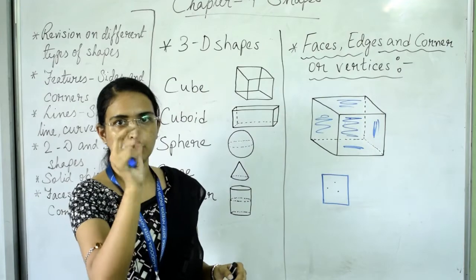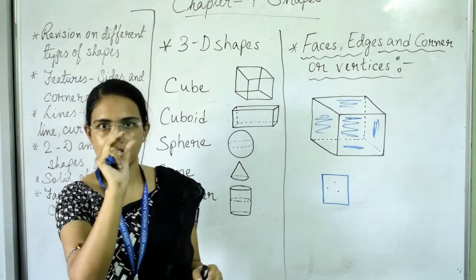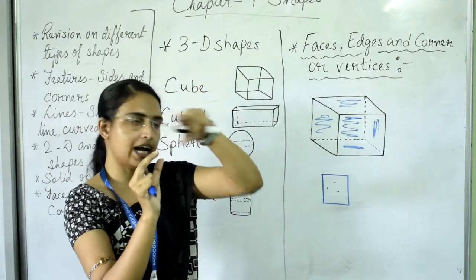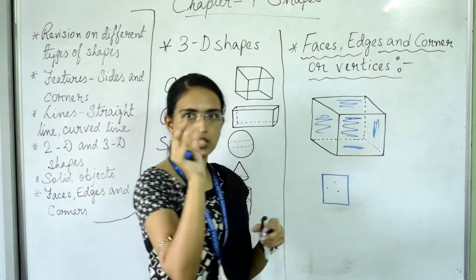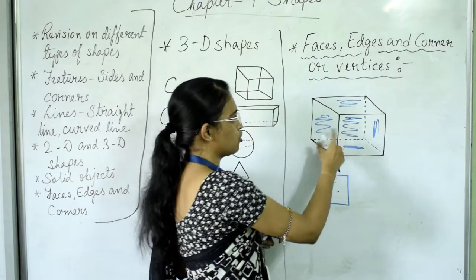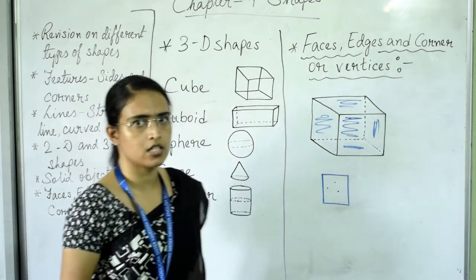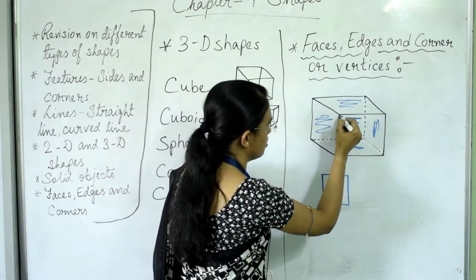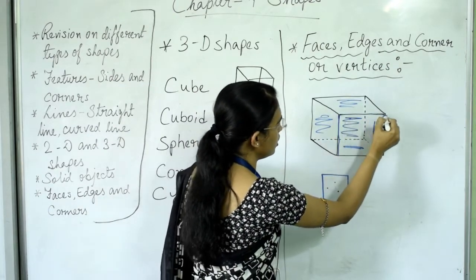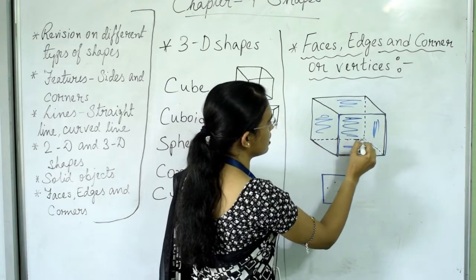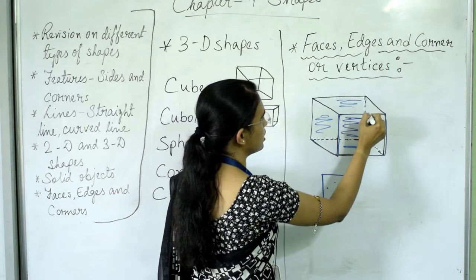If you move that ice cube like this, you can see all the parts. Whatever part we can see, that part is called face. And what are edges? These lines are called edges. Whatever lines are there, these lines are called edges.